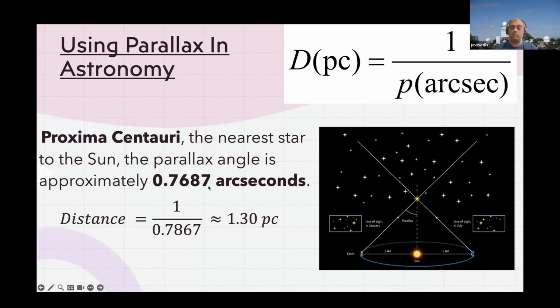Now you can straight away see why I am using arc seconds instead of degrees, because if you use degrees here, this would be a very, very tiny number, because these angles are very small. You just take 1 over 0.7687, which is the parallax angle, 1 over p. Then your answer will be 1.30 parsecs.